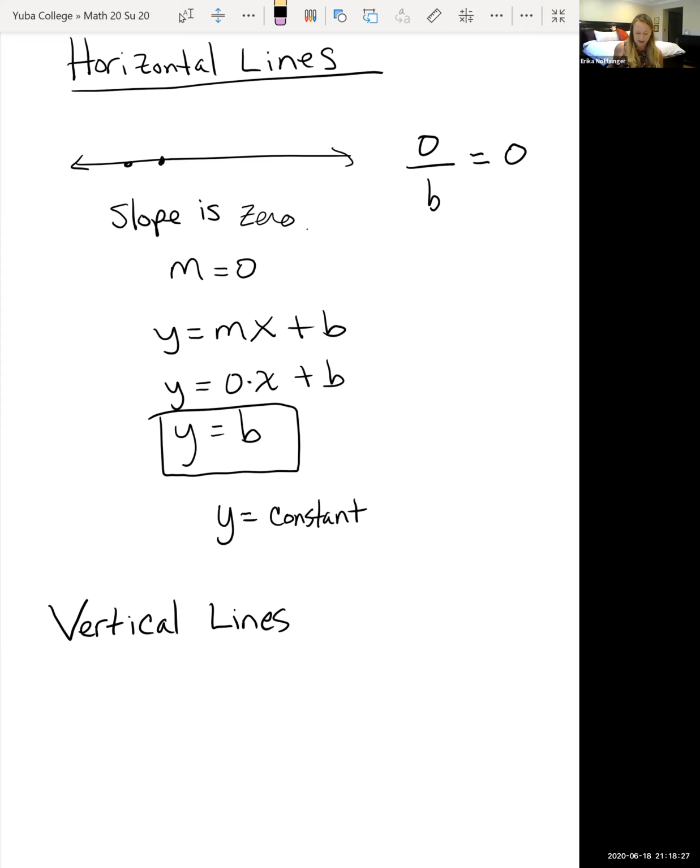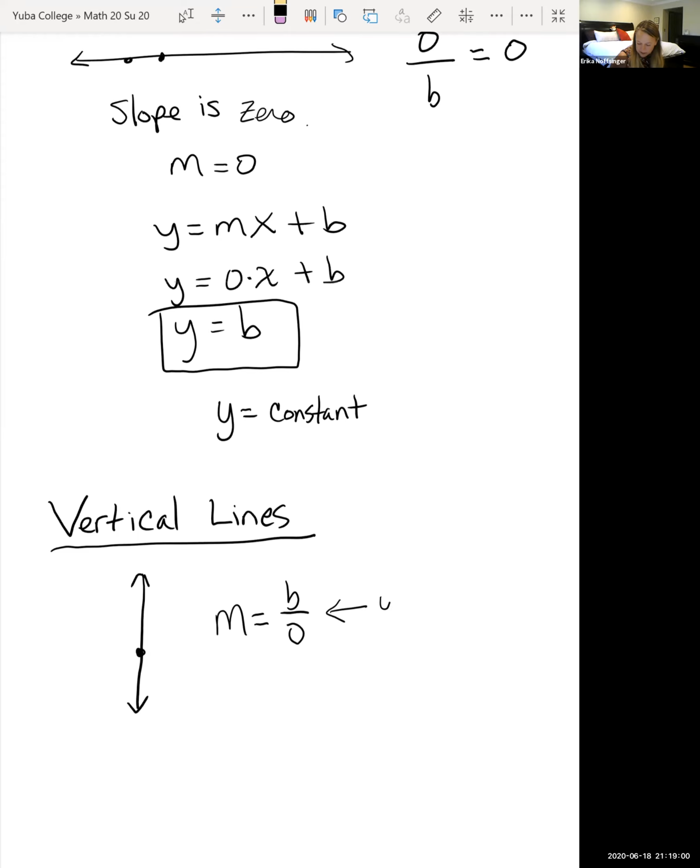If you don't remember that, you might want to do a more extensive review than what I'm covering today. But vertical lines: if we look at a vertical line and think about the slope, I'm not running anything, I'm just rising or falling. So slope is rise over run; I'm rising some number, but I'm running 0, so rise over 0 is undefined.